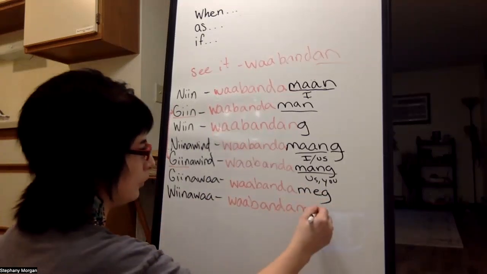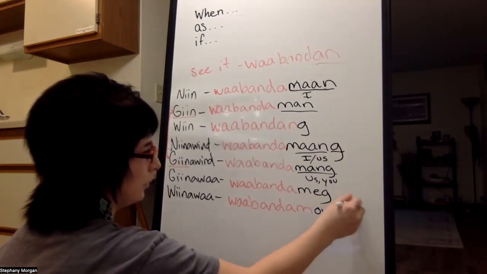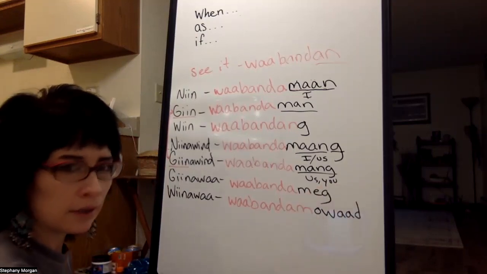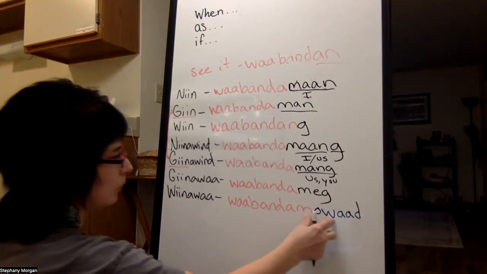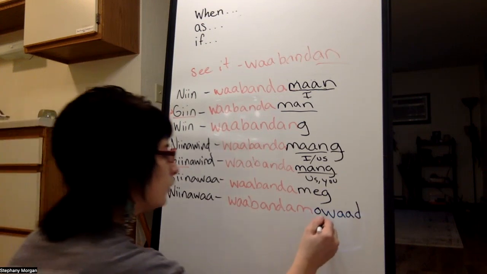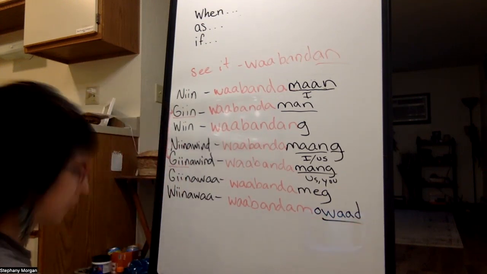Now we still get wad in here, like in the VAI B form. We just have to add a vowel in here because the M can't be right next to the W in this case. So wabandamwad, when they see it.